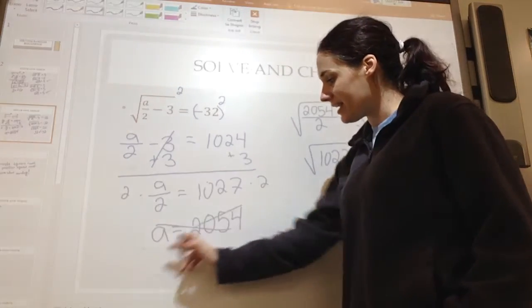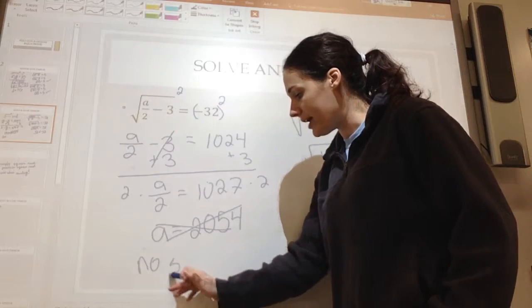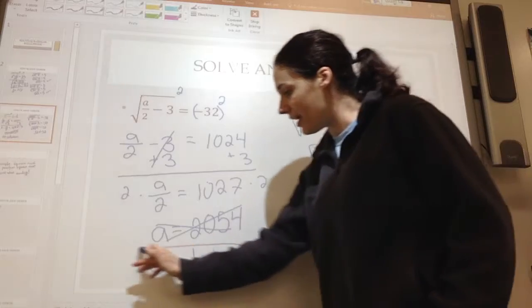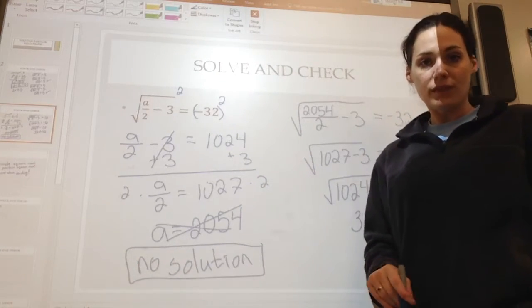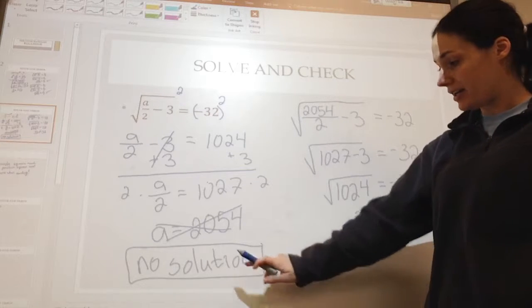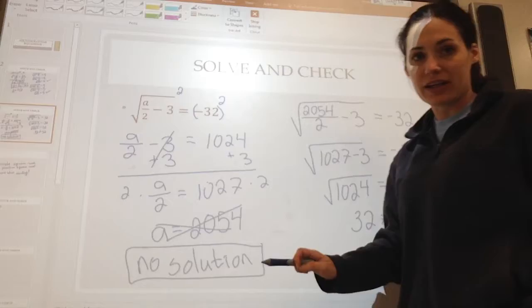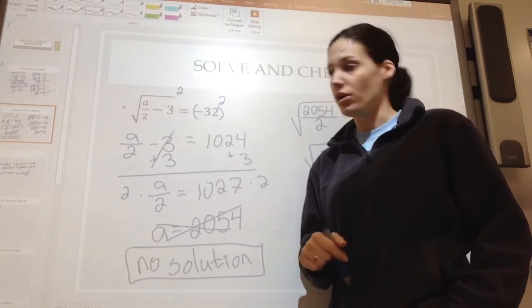This is not an answer, which means I don't have an answer. So what you would write is no solution. I had nothing that checked out, which means I have no solutions at all. Okay, so be real careful with that check because it looked like I had an answer. I didn't. So be really careful that you're actually checking every single step as you go.